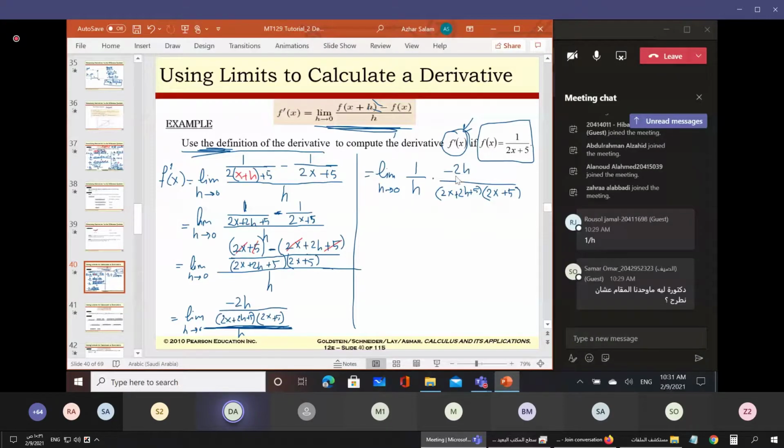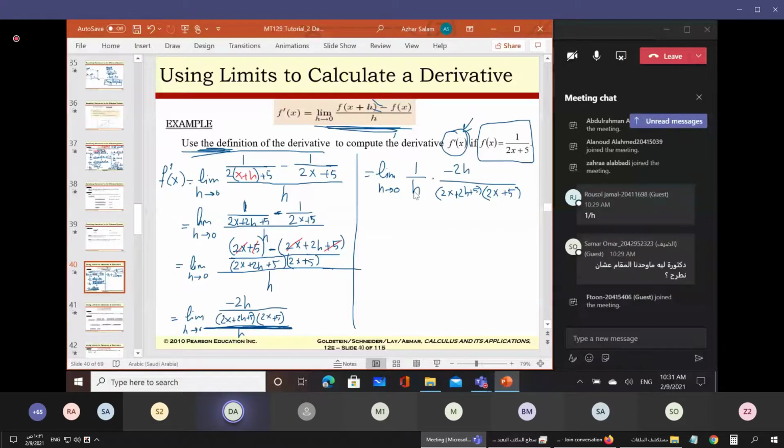Now I can omit these two h together. Okay, this is h from the numerator and h from the denominator. And there is nothing added together. I don't have quantities added or subtracted with each other. This 1 is multiplied by minus 2h. Okay, they are multiplied together. So I can omit this h with this h.